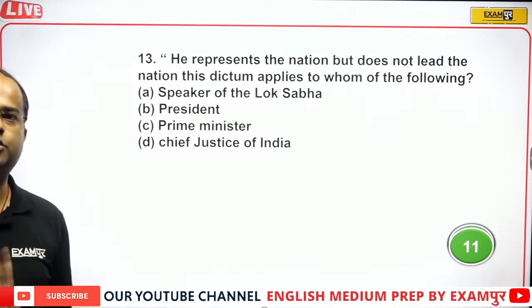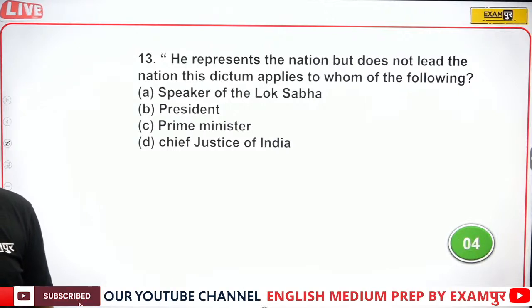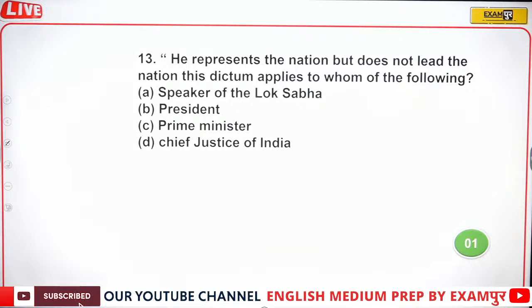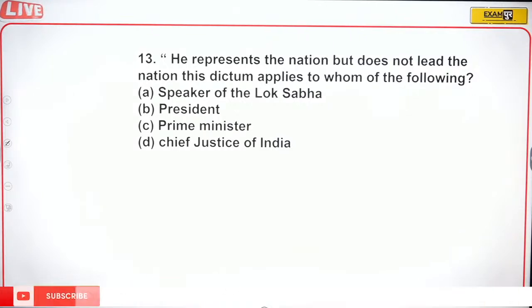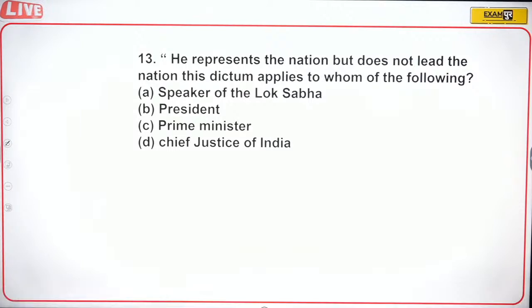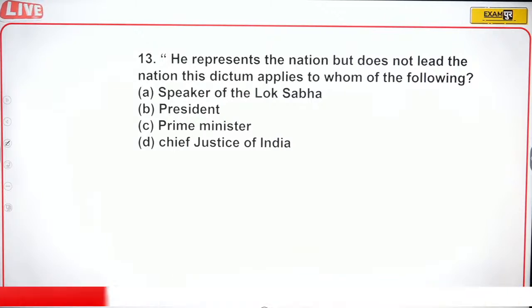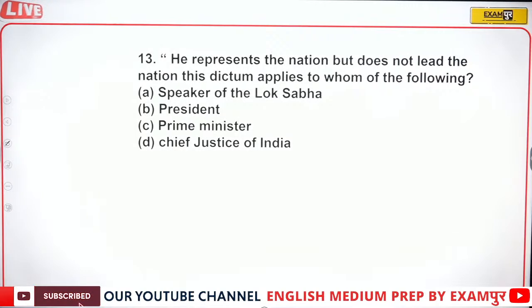This dictum is applied to which of the following?